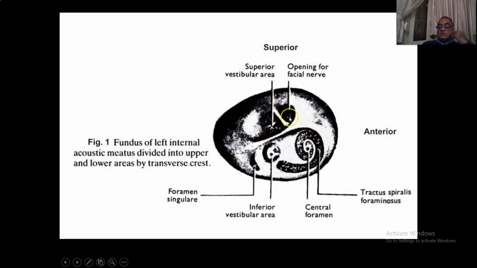Also, the cochlear nerve is anterior and inferior, and behind it is the inferior vestibular nerve. Behind the inferior vestibular nerve is the foramen singulare, which transmits fibers from the peripheral vestibular nerve. This is the transverse crest. This is Bill's bar.